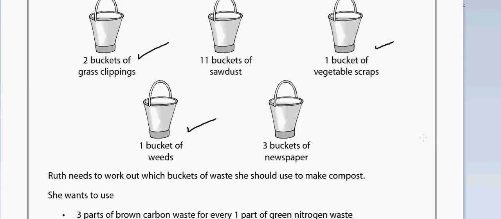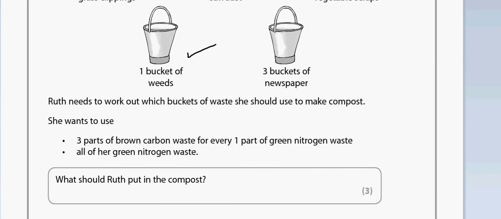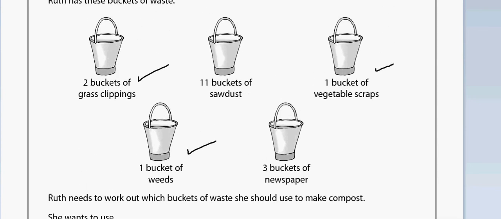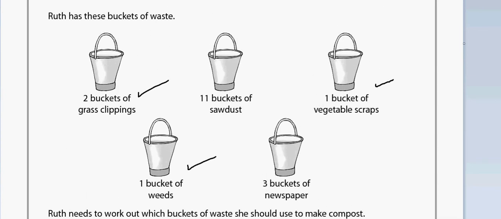So all we've got to do now is, it says, work out which buckets of waste you could use to make the compost. So we've identified the nitrogen buckets. So she could use all 3 buckets of newspaper and then 9 buckets of the sawdust, or she could use 11 buckets of the sawdust and 1 bucket of the newspaper.